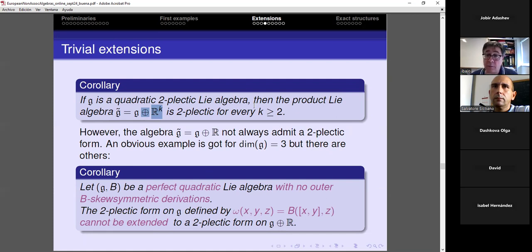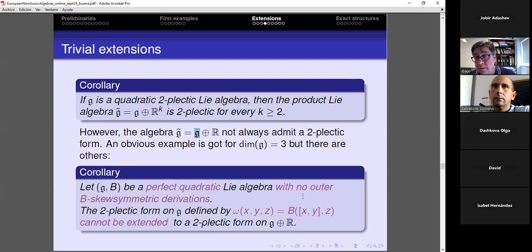In the case of G plus R, the main problem is that you cannot always extend the two-plectic structure that you have in the small Lie algebra G to the large Lie algebra. And one of the cases is this. If you take a perfect quadratic Lie algebra that has no outer derivations which are skew-symmetric with respect to the quadratic metric, then the two-plectic form defined naturally on the perfect Lie algebra cannot be extended to a two-plectic form on the trivial extension by a line.